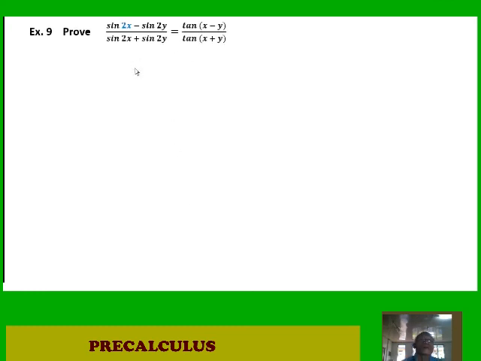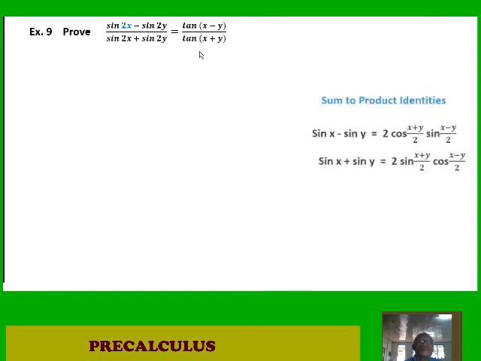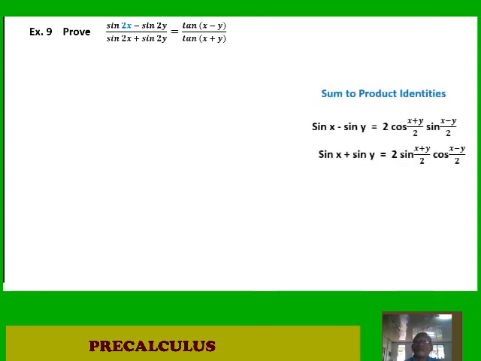Next, prove that sine 2x minus sine 2y divided by sine 2x plus sine 2y is equal to tangent of the difference over the tangent of the sum of x and y. We can work out the left side, making use of the sum to product identities. We have here the sum of the sine of x and y, sine x minus sine y, and sine x plus sine y.